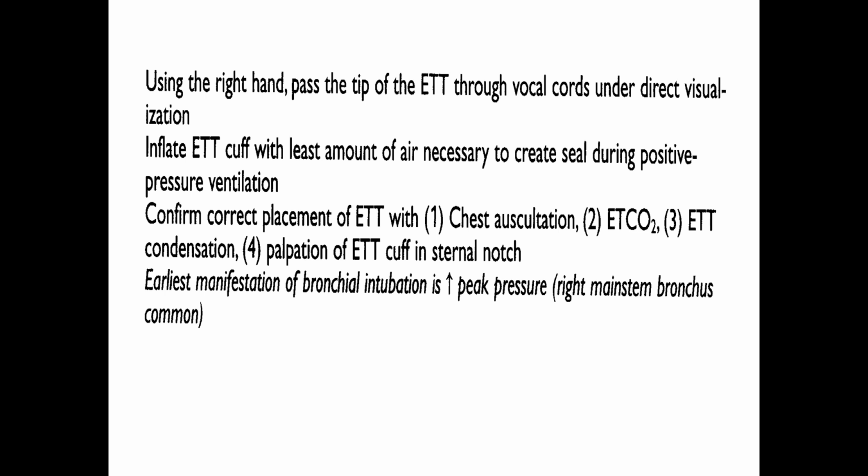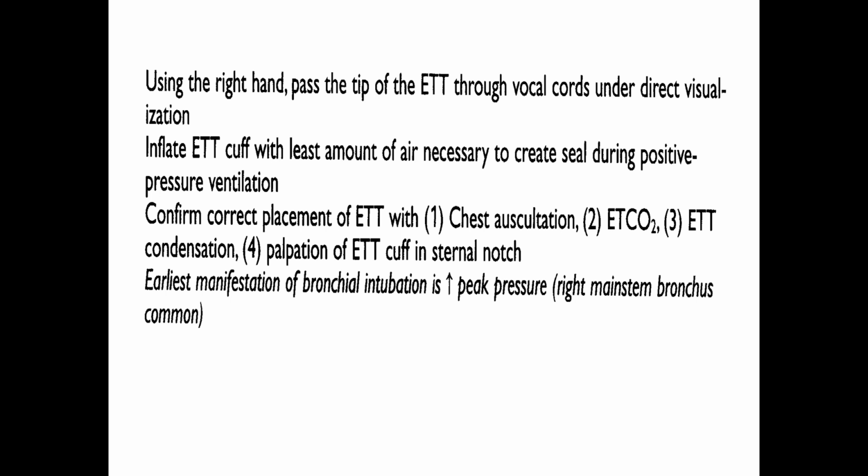Using the right hand now, pass the endotracheal tube through the vocal cords under direct vision. So endotracheal intubation must be done under direct vision. Inflate the cuff with the least amount of air necessary to create a seal during positive pressure ventilation.